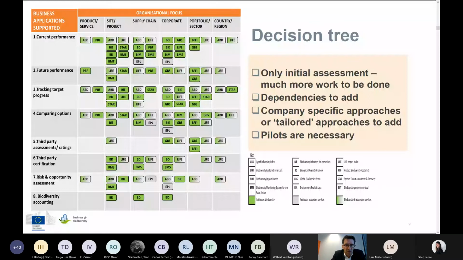For the case study descriptions, we are collecting them from now on using a uniform template. We have developed a uniform template for that, and we will finalize it next week.